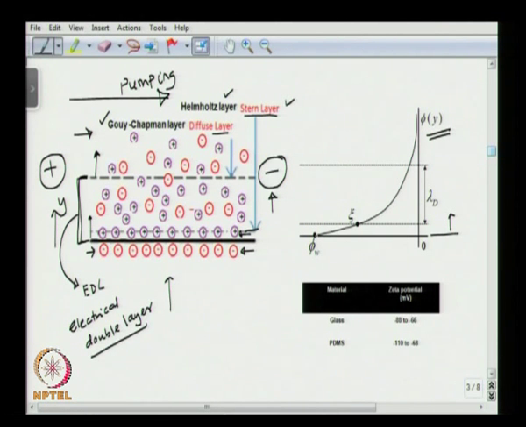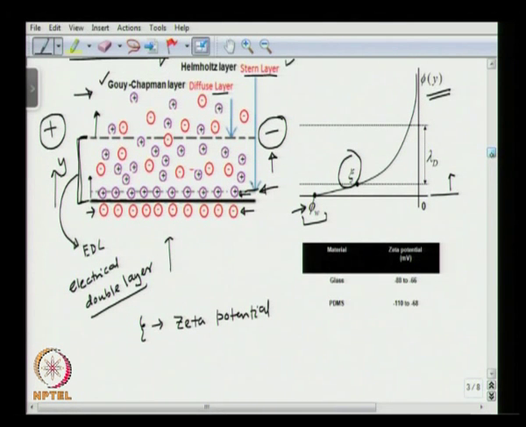The potential right on the wall is the wall potential, which is denoted by phi wall, and the potential at the Stern layer or the immobile layer is known as zeta potential, okay. So zeta is called zeta potential, which depends on the surface as well as the liquid that is present on the surface.